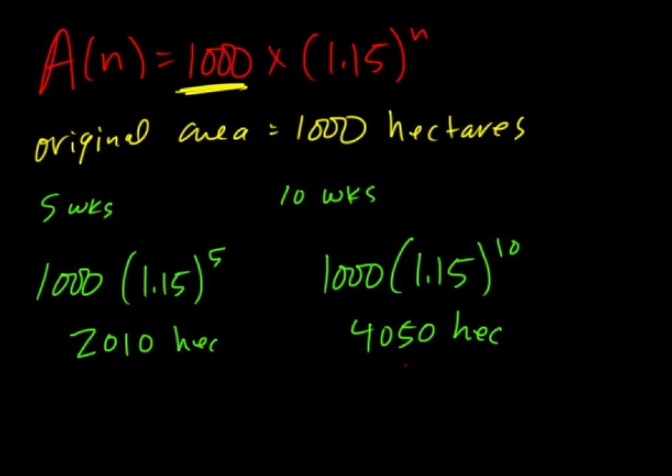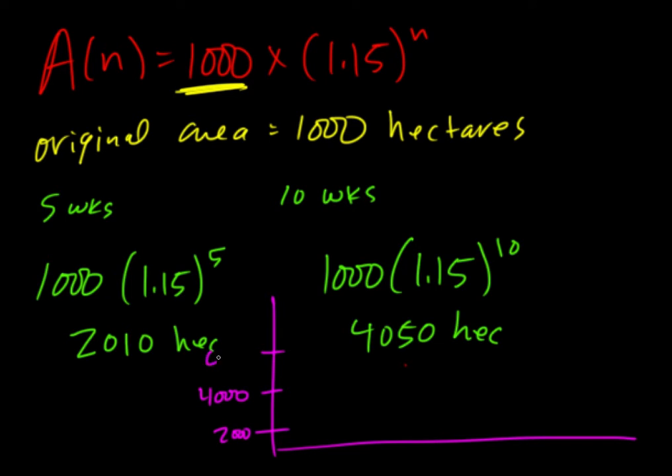Okay. Now C says to draw the graph of the affected area over time. So we're going to make a graph. We want to make sure we go up to 8,000 on the vertical axis because the next question asks about 8,000.